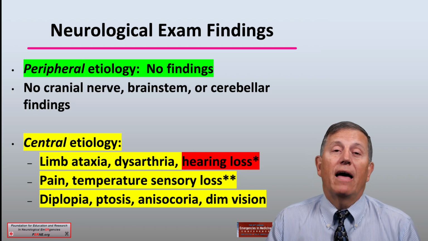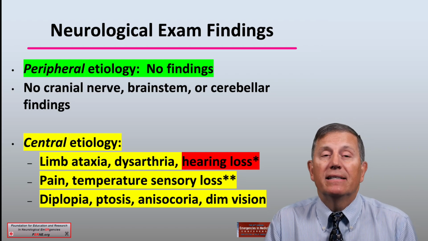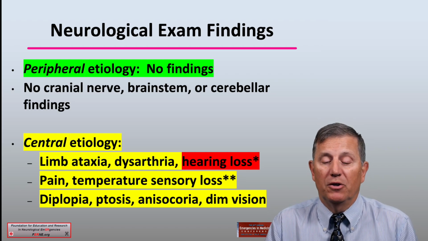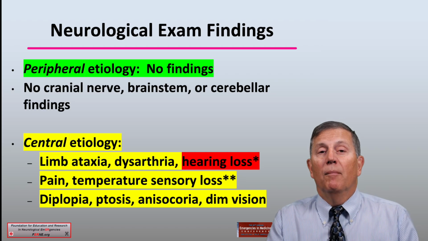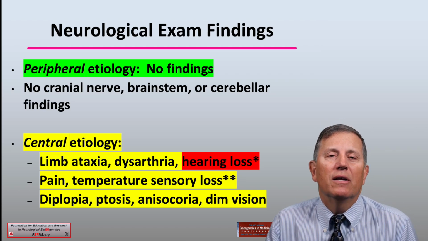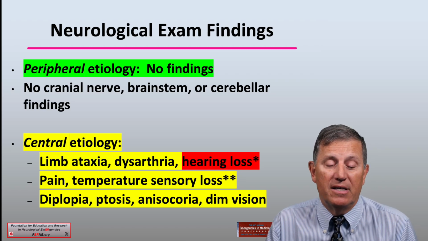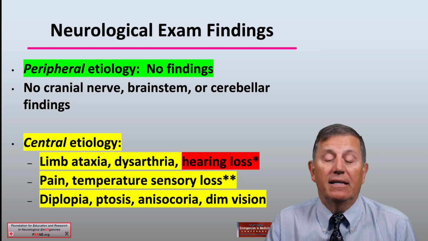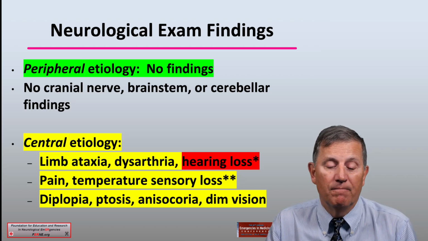Also, when checking on the neurological exam for a central etiology, pain and temperature sensory loss must be determined. I put a few asterisks here because most people check for light touch, but actually if you're trying to determine posterior circulation TIA or stroke related to vertebrobasilar insufficiency, you do need to check for pain and temperature sensory loss, not just light touch.